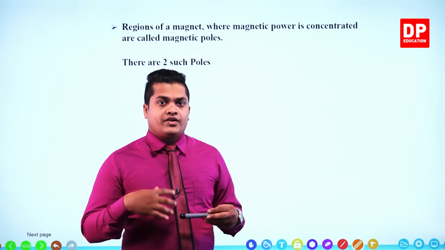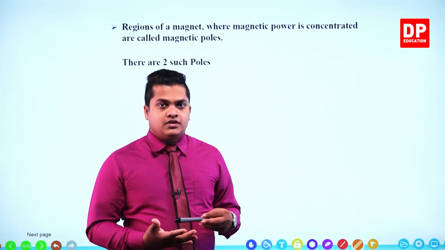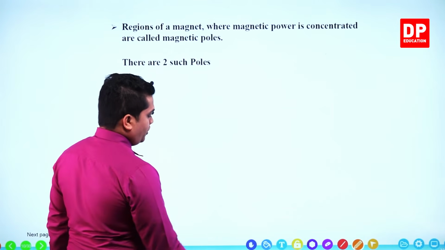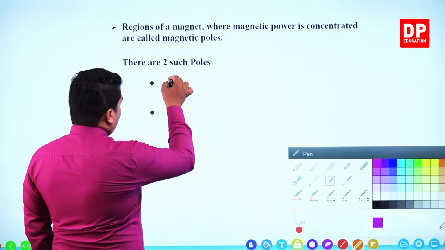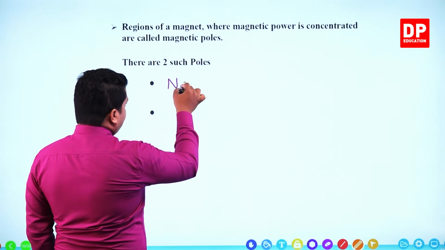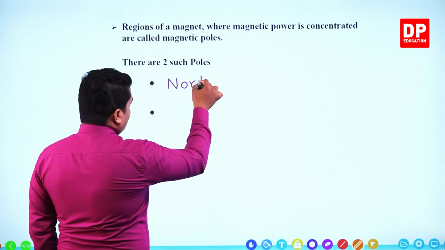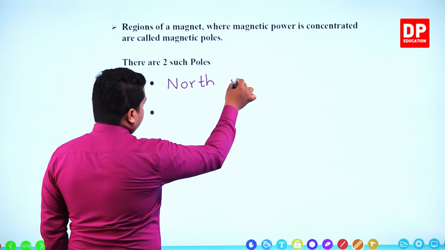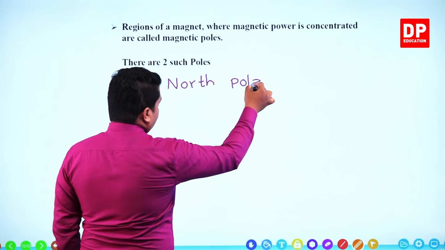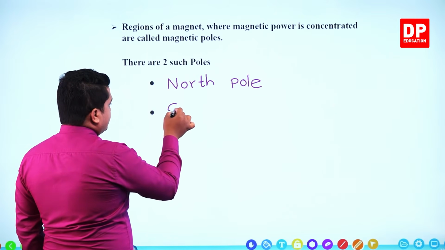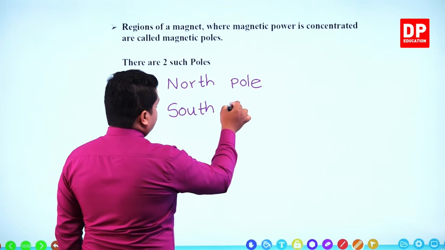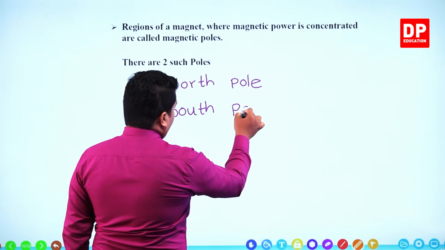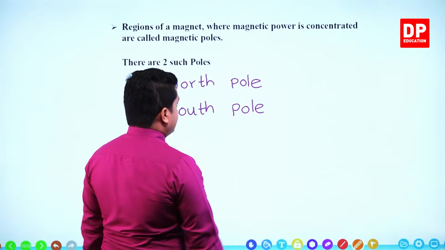I think you already know these two poles. We'll write them down. What are those two poles? The first one is the north pole, and the other pole is the south pole.